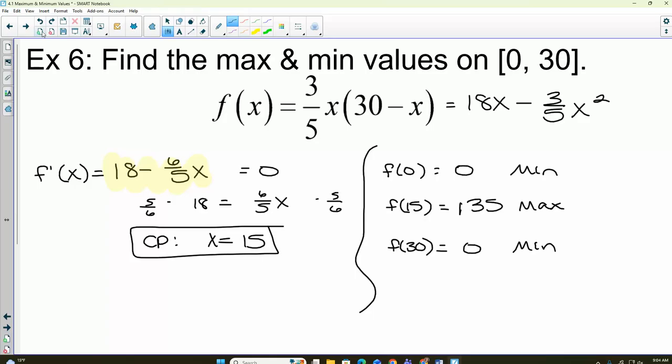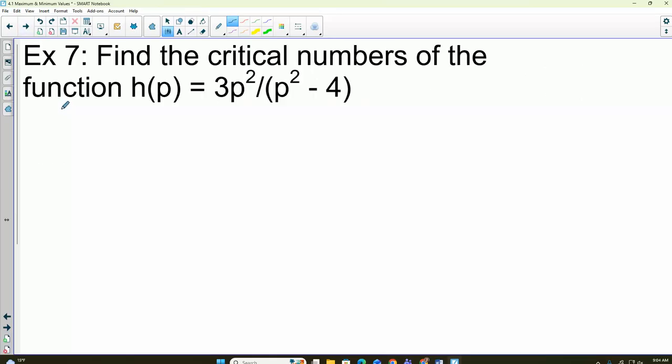Let's look at percent. All right. What will I have to do to find this derivative?